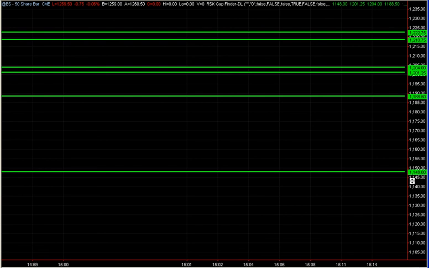But bear in mind, this is where the gaps are. And this will ultimately wind up being a very huge, huge extension down.